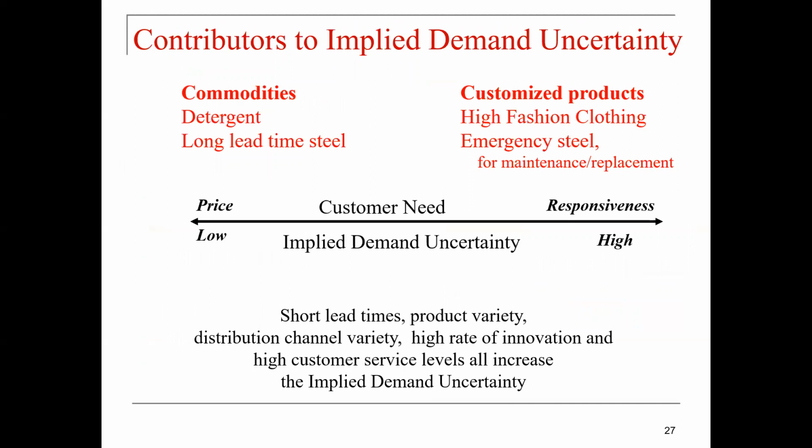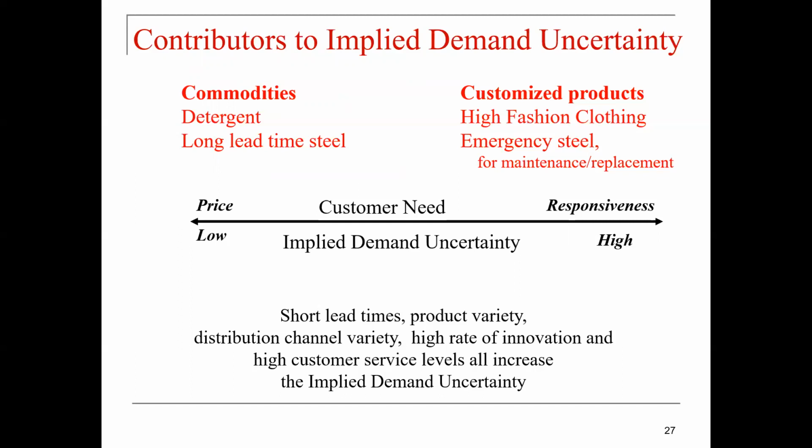So, contributors to the implied demand uncertainty. So let's see, in terms of commodities, detergent, and in terms of also commodities, long lead time steel. In terms of customized products, high fashion clothing, emergency steel, and so on.